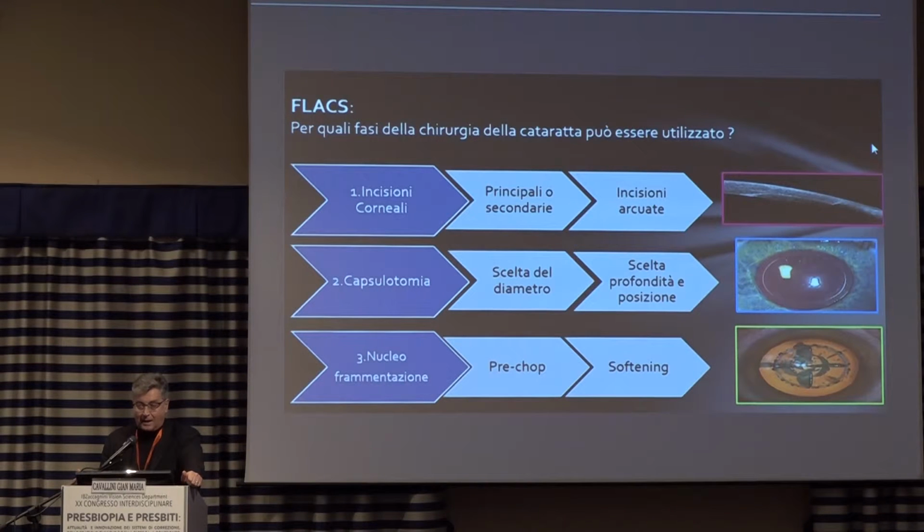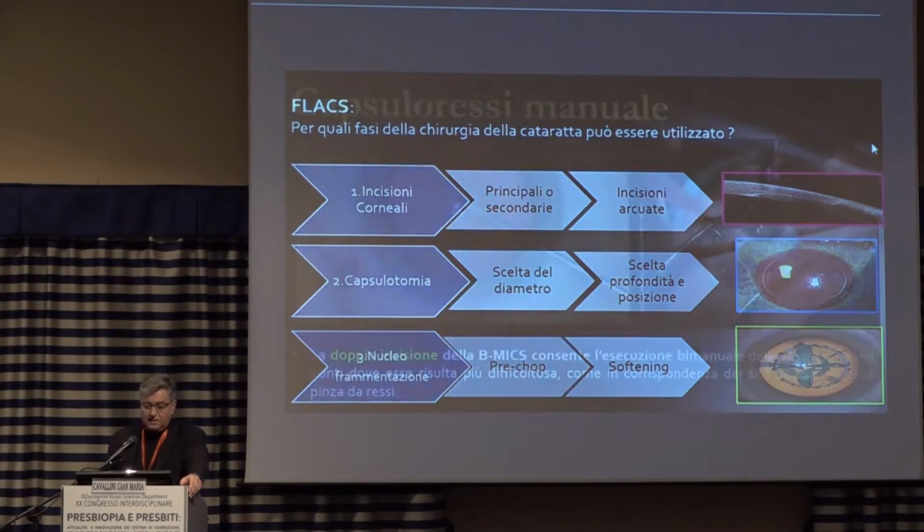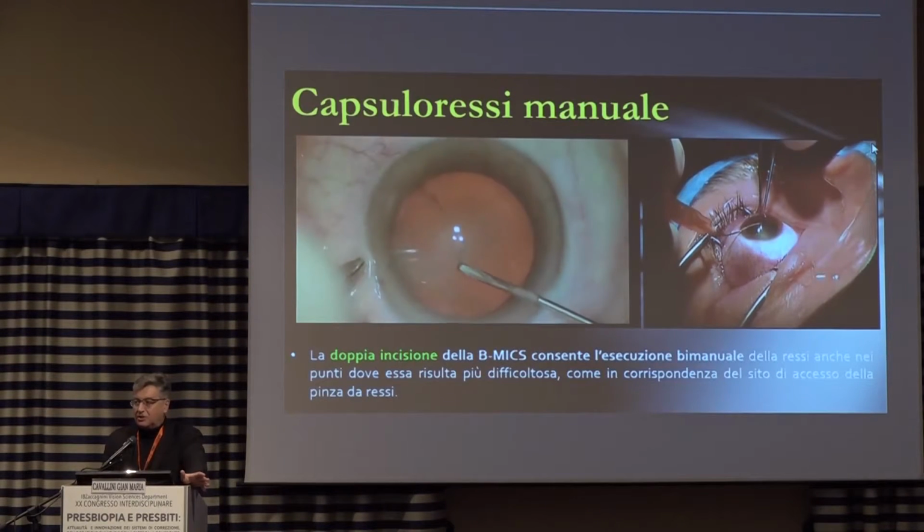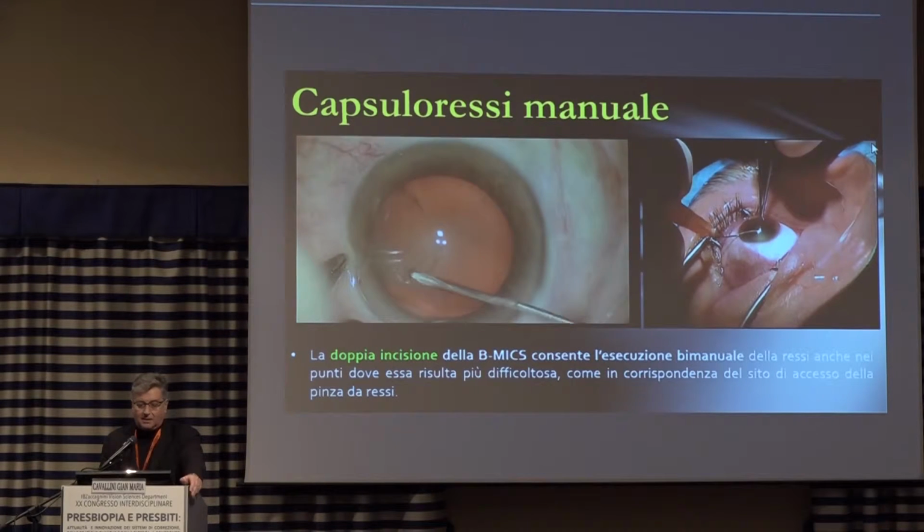With laser, you can do corneal incisions of different types, then capsulotomy and nuclear fragmentation. There are also lasers that form cubes at the center to dissolve the nucleus better.